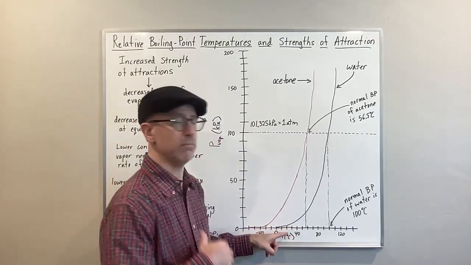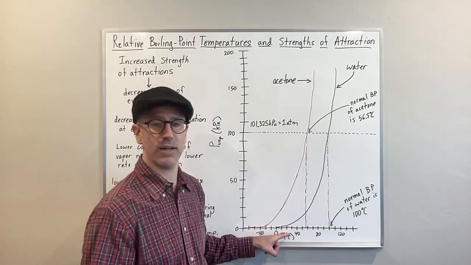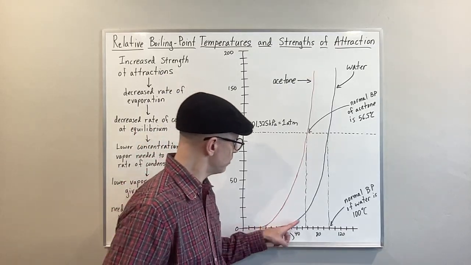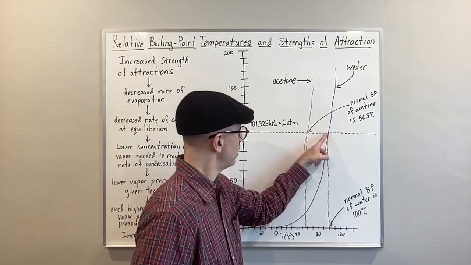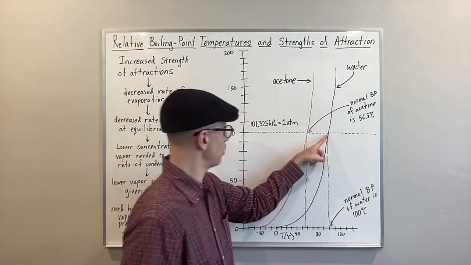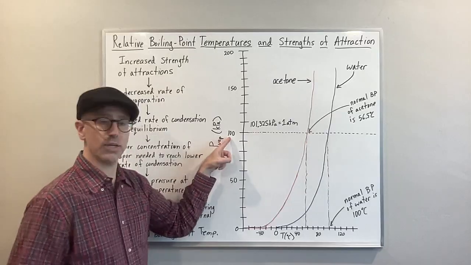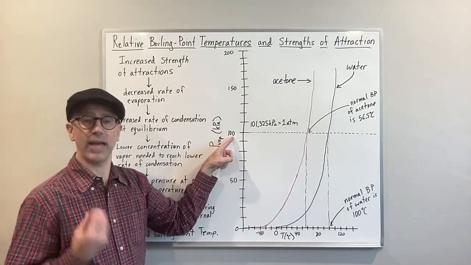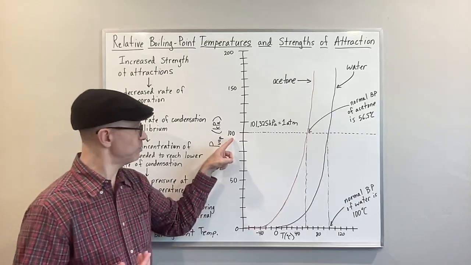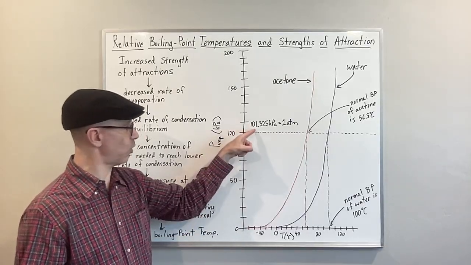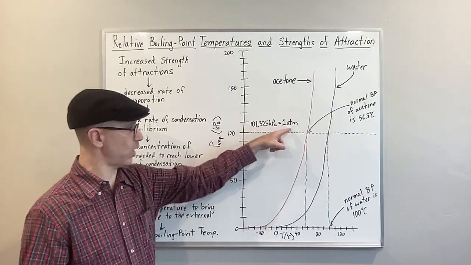Whereas for water, you need more energy to get those molecules to break free, and so the temperature is going to be higher. So you need a higher temperature to get to the vapor pressure that's going to be equal to the external pressure of the atmosphere at sea level, 101.325 kilopascals, or 1 atmosphere.